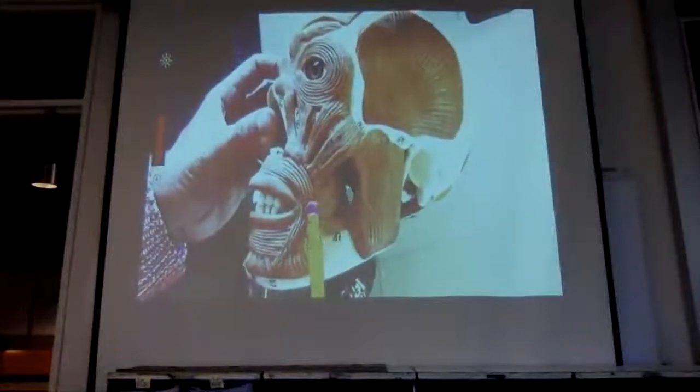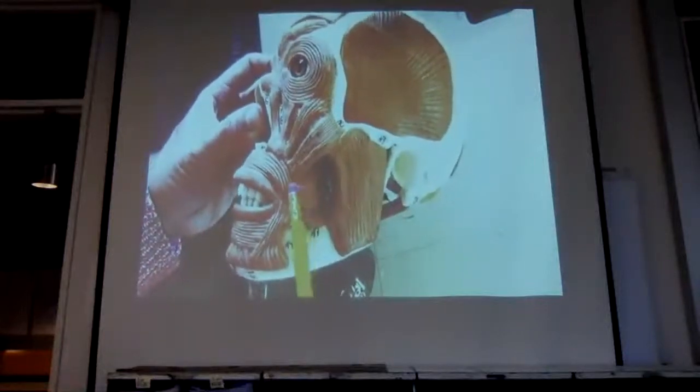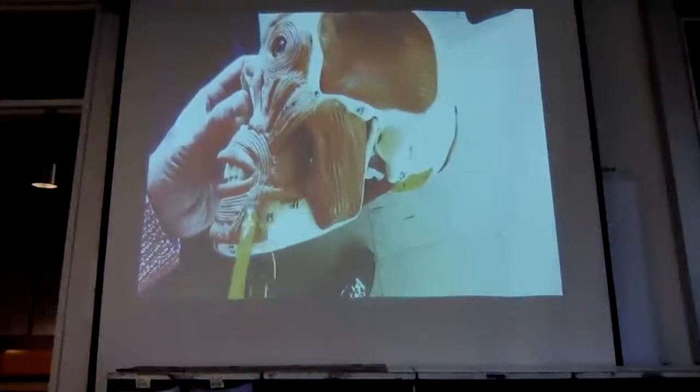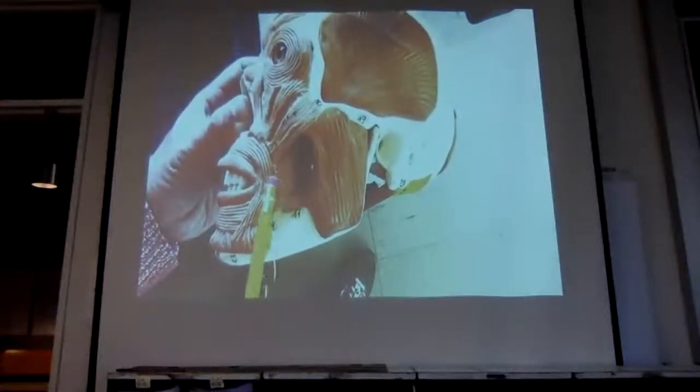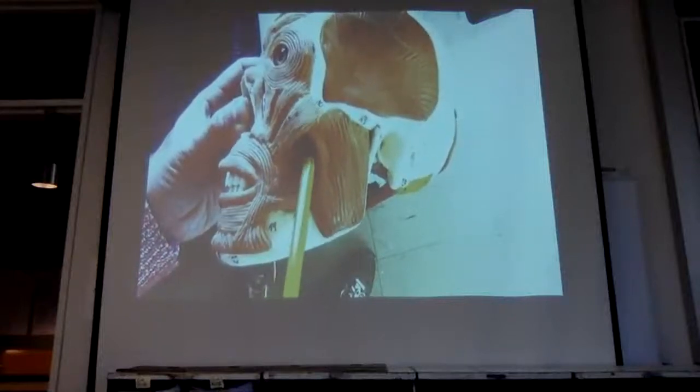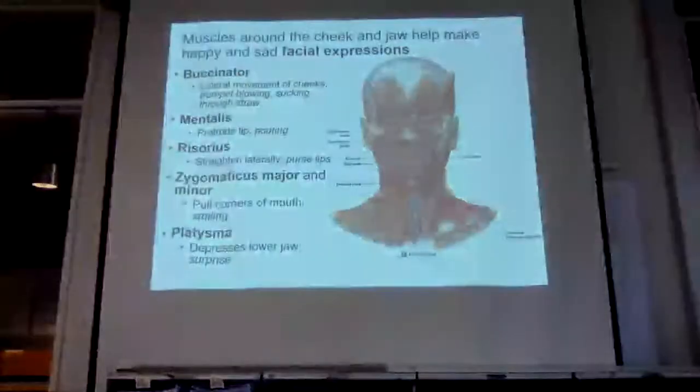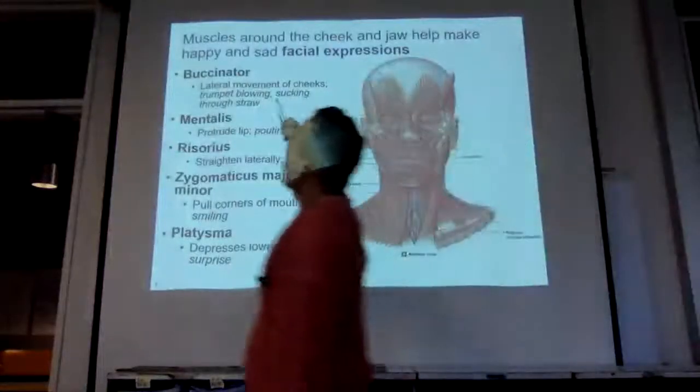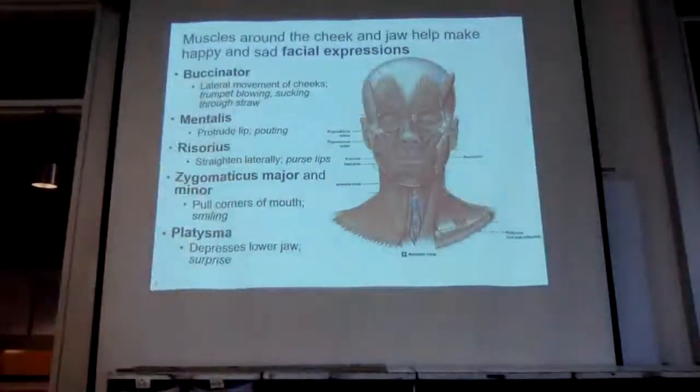So corner of the mouth, broad muscle, kind of going diagonally up a little bit. So not this one. This is a different muscle. This one here. That's the buccinator. Helps you blow a trumpet. Helps you blow, suck through a straw. Buccinator.